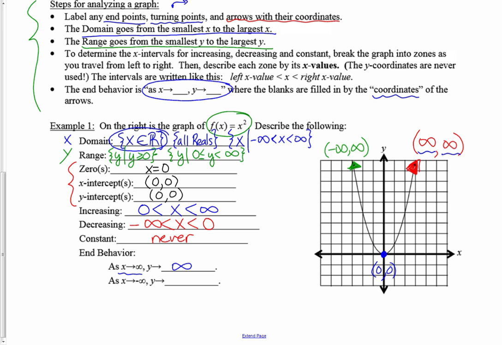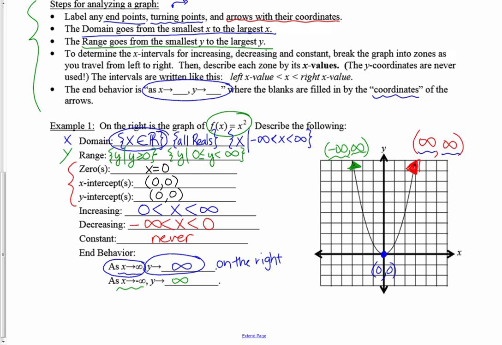On my left arrow, I have as x approaches negative infinity. That was over here. When x was negative infinity, y of that coordinate was positive infinity. So what this is telling me for my top one, as x approaches infinity, that means on the right, and then I have y approaches infinity.